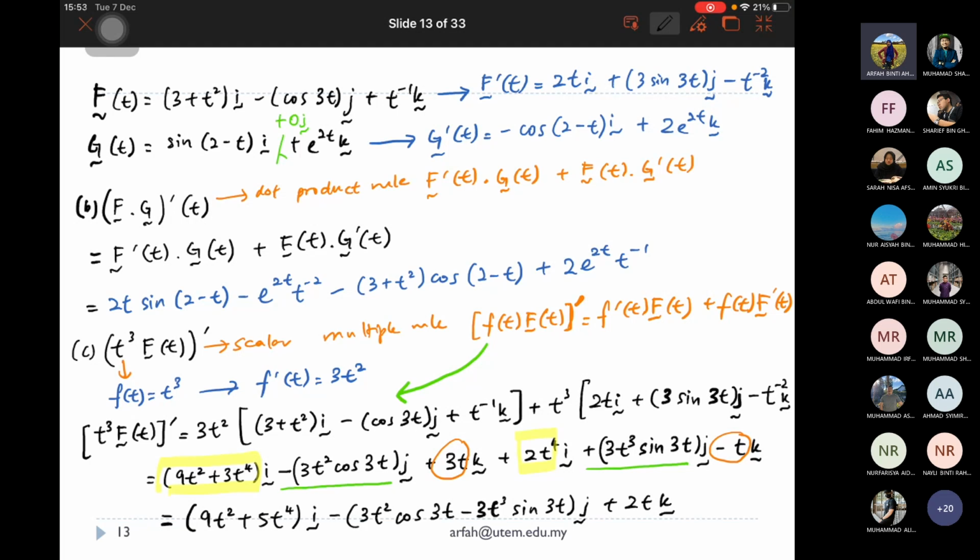Kalau awak tengok the next one, akan dapat dia sebenarnya lagi mudah kalau awak guna directly rather than one by one, just like what Tasha just mentioned earlier. Okay, right done. Good.